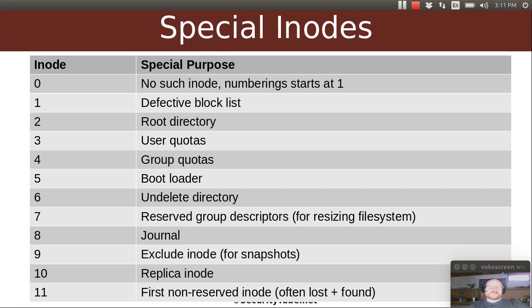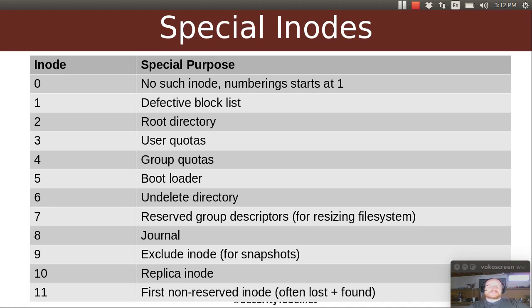8 is something pretty important. It's the journal for a journaling file system, assuming it's not external. And then 9 is an exclude inode if you're doing snapshots. 10, replica inode.